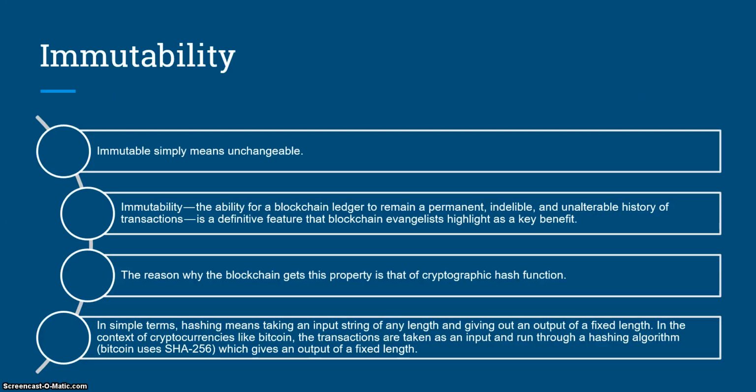Now we discuss the last pillar. The name is immutability. Immutability simply means unchangeable. Immutability is the ability of the blockchain ledger to remain a permanent and unalterable history of transactions. The reason why the blockchain gets this property is the cryptographic hash functions.